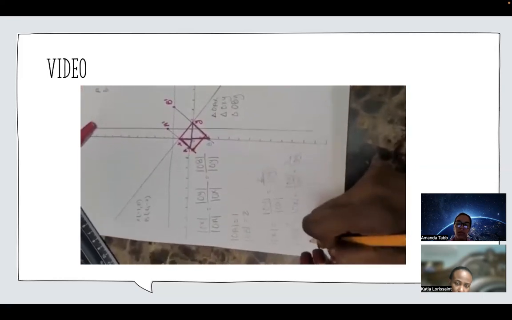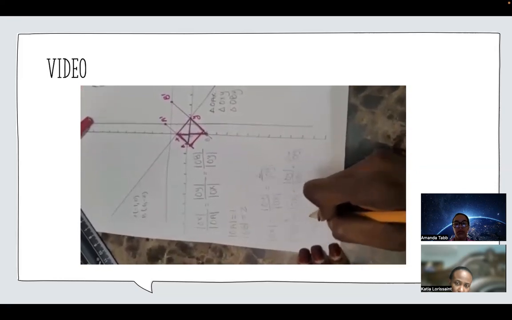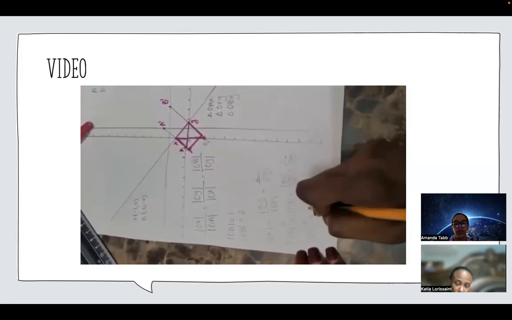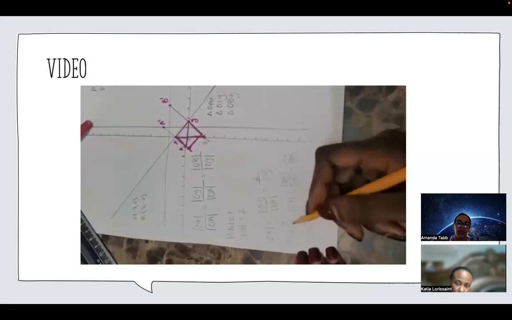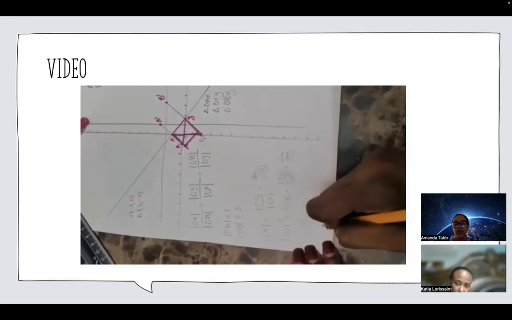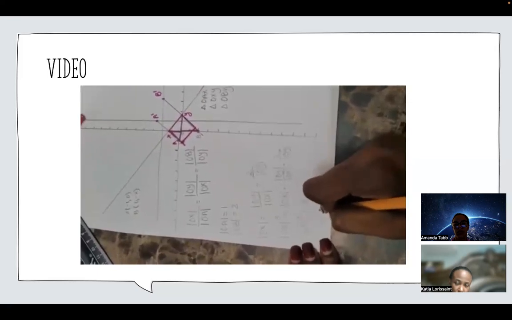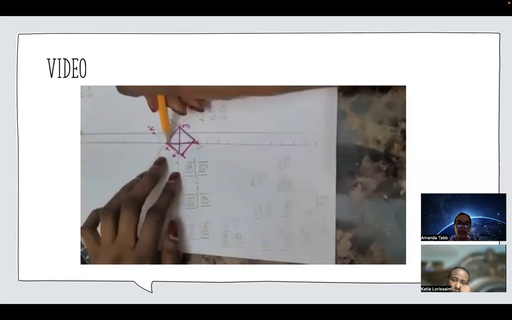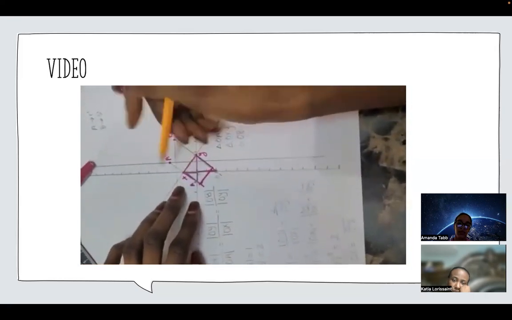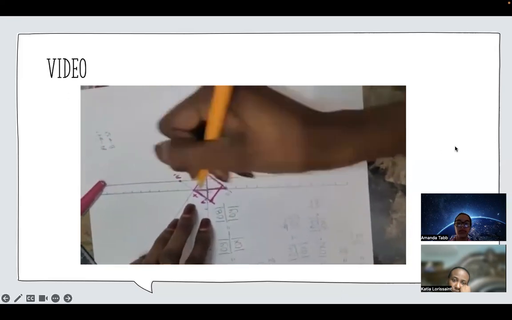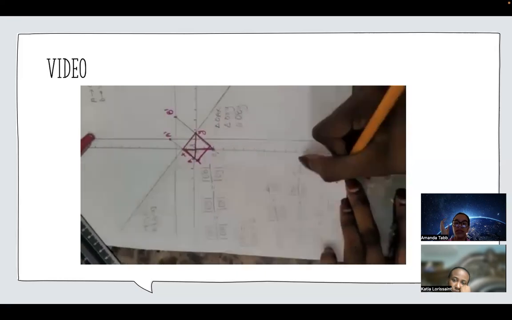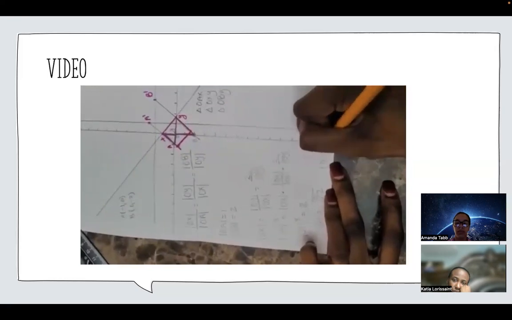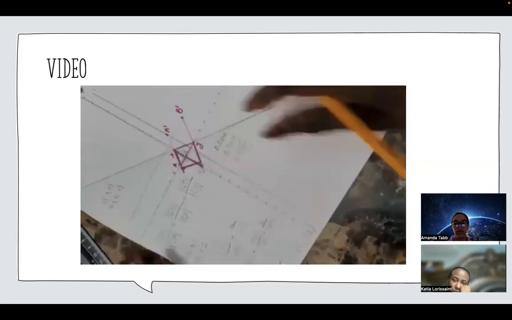We have OX cubed equals 2. Now taking the cube root of this, we end up with OX equals the cube root of 2. And if we go back here, OX is the x coordinate. So in turn, we end up with (cube root of 2, 0).